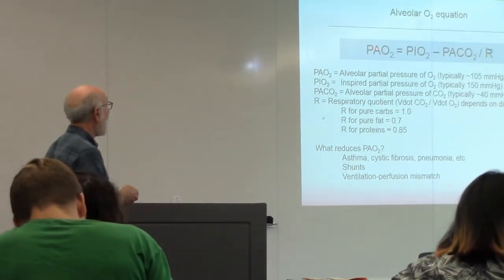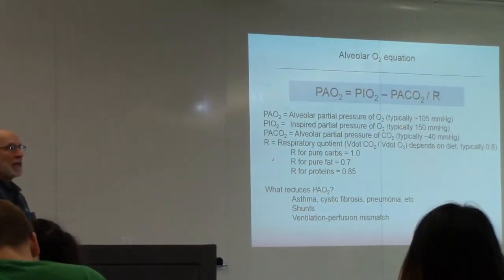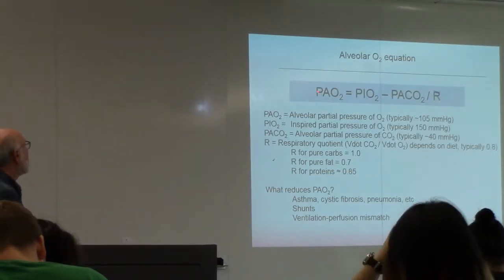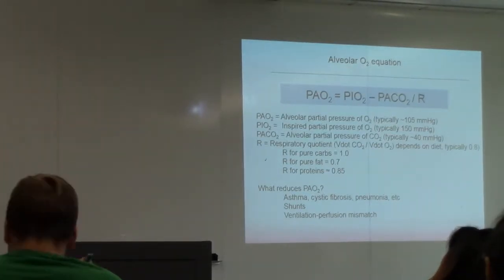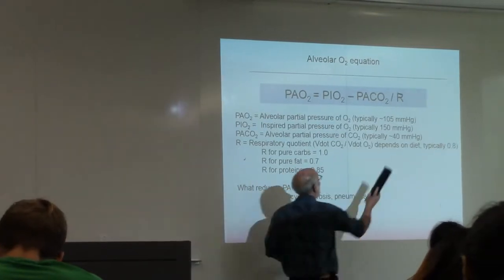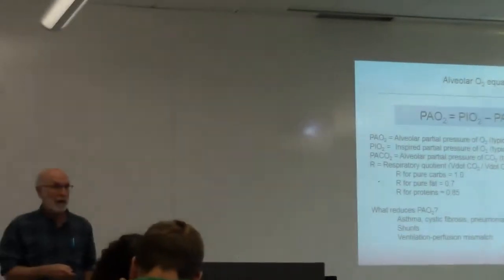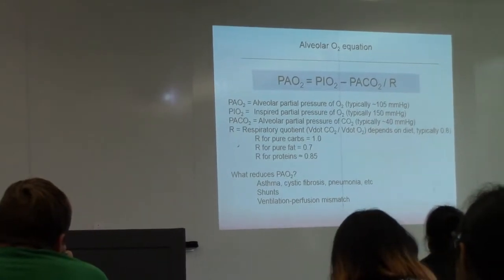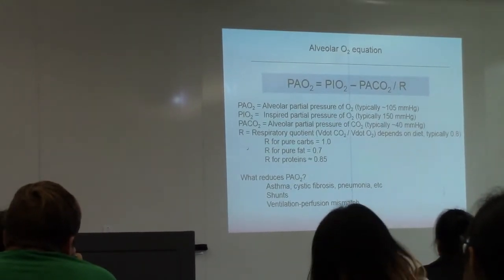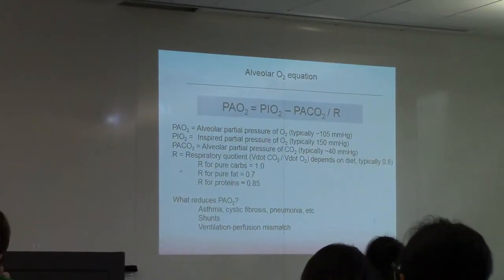So remember, capital A represents alveolus, alveolar, and little lowercase a represents arterial. So alveolar oxygen is equal to the inspired oxygen, the partial pressure of inhaled or inspired oxygen, minus the alveolar partial pressure of CO2, which is equal to the arterial partial pressure of CO2, divided by this thing called the respiratory quotient.